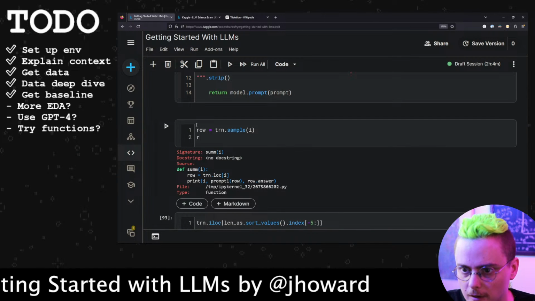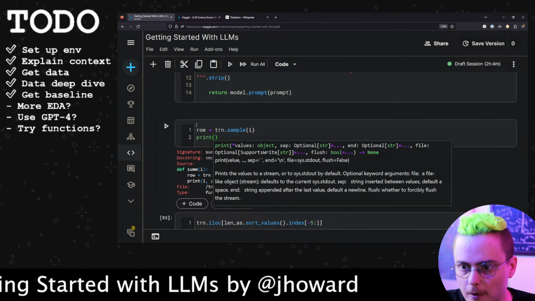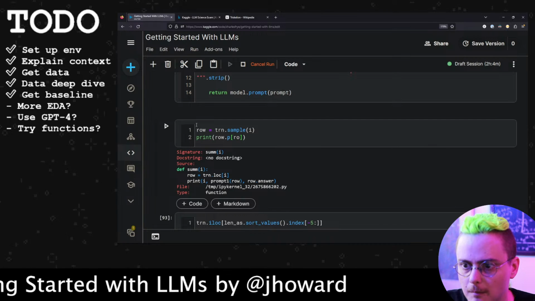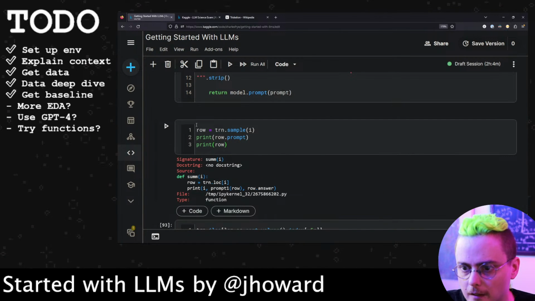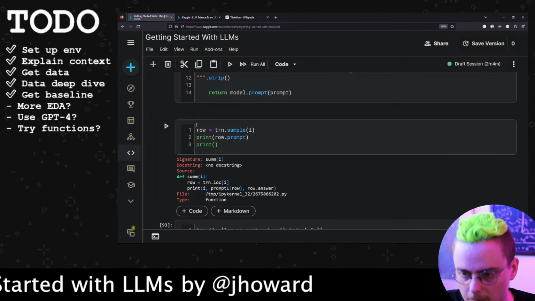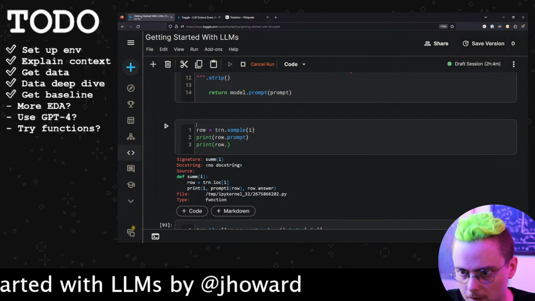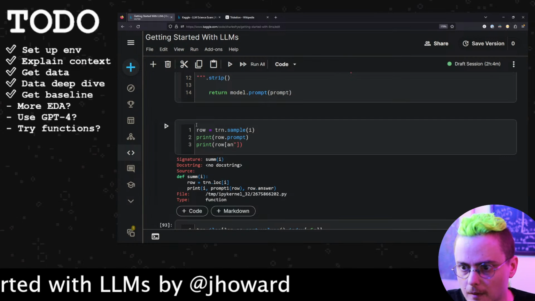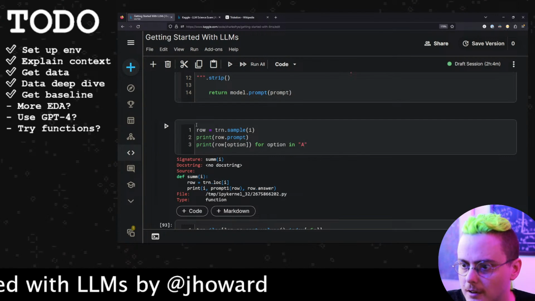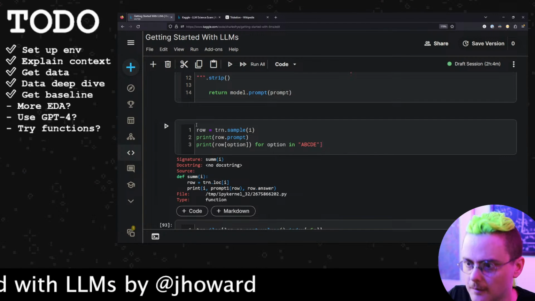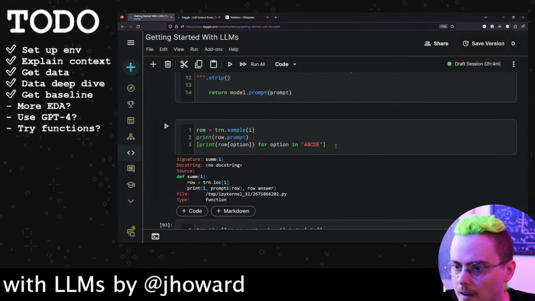Row good for sample I. Print row dot prompt, and then print row, option or option in A, B, C, D, E. Yeah.